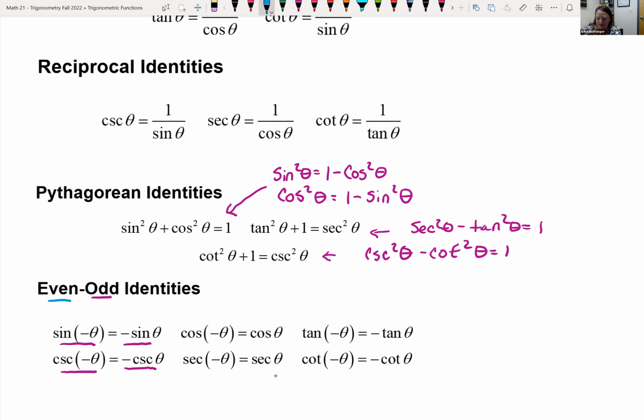Cosine was an even function, so cosine of negative theta was cosine of theta. Secant was also even. Secant of negative theta equals secant of theta. And tangent and cotangent were odd, so cotangent of negative theta equals negative cotangent theta, and tangent of negative theta equals negative tangent theta.